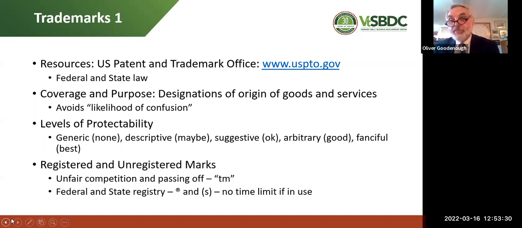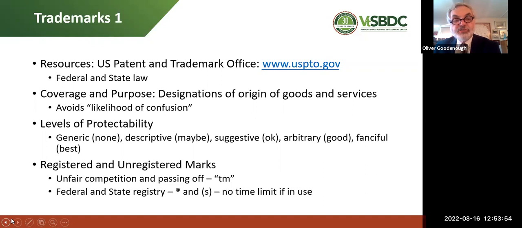Those are typically good, provided nobody else is using them, particularly in your line of commerce. Sometimes you can use an exact one that other people are using if it's in a different enough line of commerce that there wouldn't be a likelihood of confusion. Again, those are the levels of protectability.